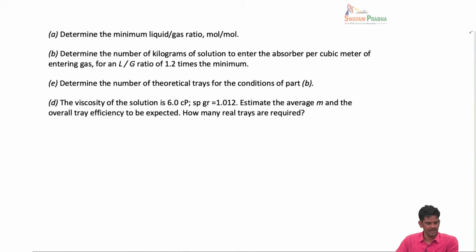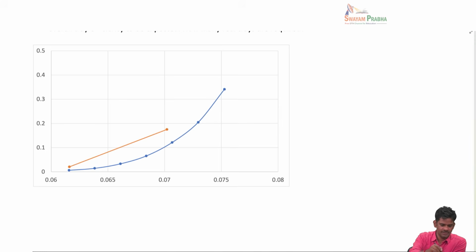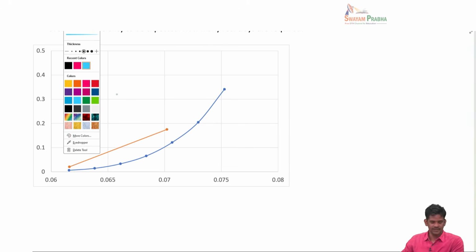For this problem, after you do the first parts A and B, you'll be able to draw the operating line and equilibrium line. The blue curve that you see here is the equilibrium line, and you can see it's very highly curved, and the operating line of course is straight. So in this case you would draw for the calculation of number of theoretical stages.